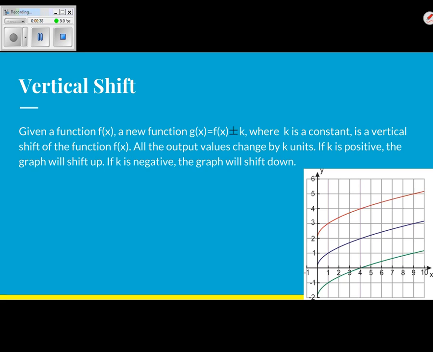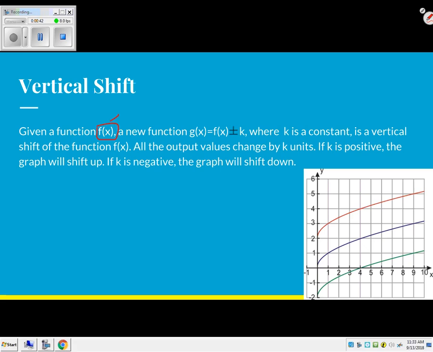If we have a given function, and a lot of times when I talk about this given function right here, this is going to be my parent function from yesterday, and I'm wanting to make a new function from it. Today we're going to either add k or subtract k outside the function.